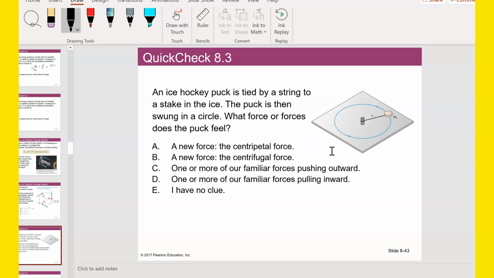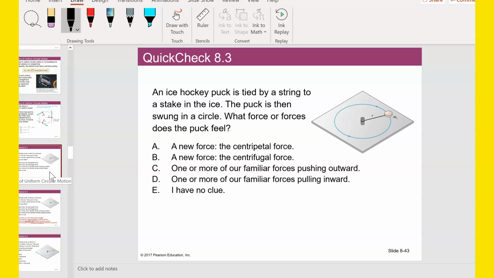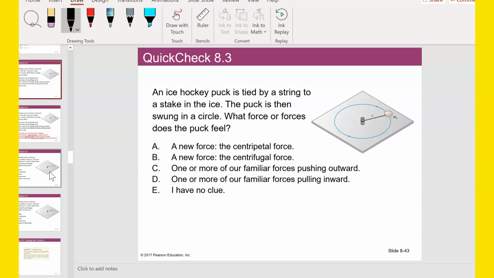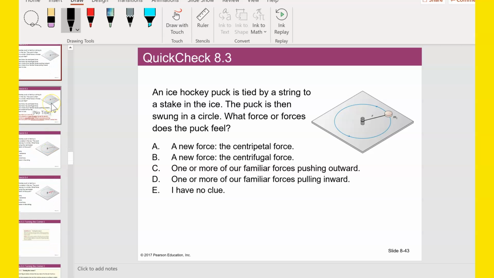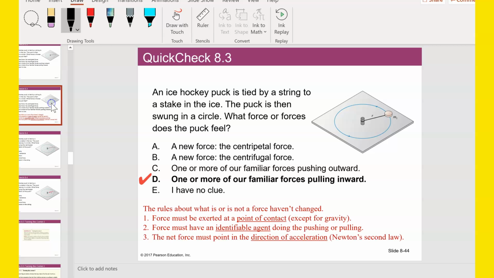It's pulling toward the center when that's the case. And then whatever is attaching you to the car is also pulling you in the same direction. Even though you feel like you're being flung outward, that's just really an imaginary thing that you're feeling, but not what's really happening. So what's going on with the puck is it's feeling one or more of the familiar forces that's pulling it inward.